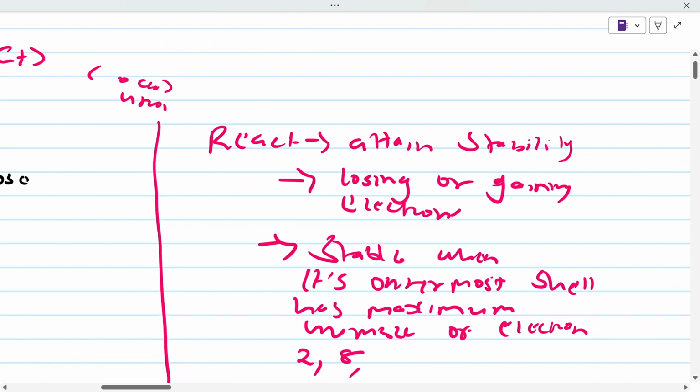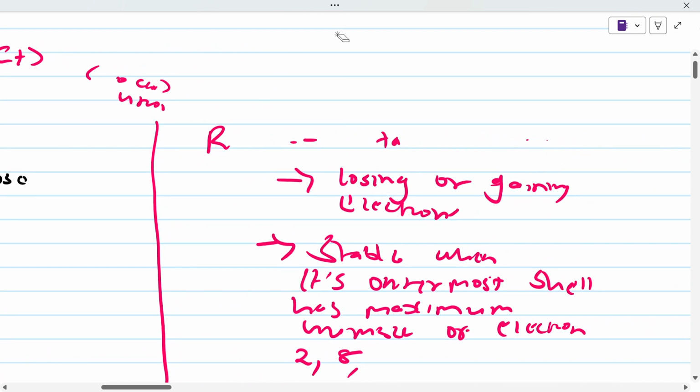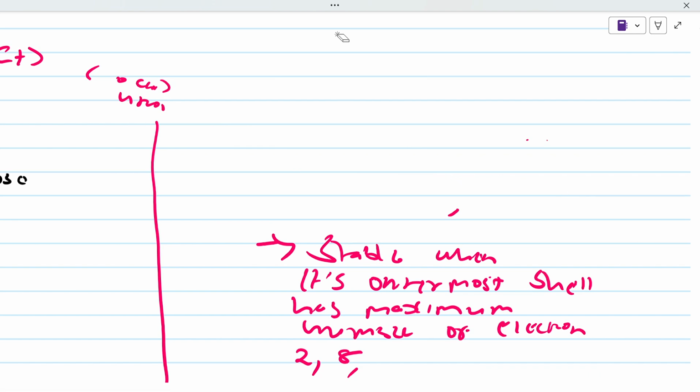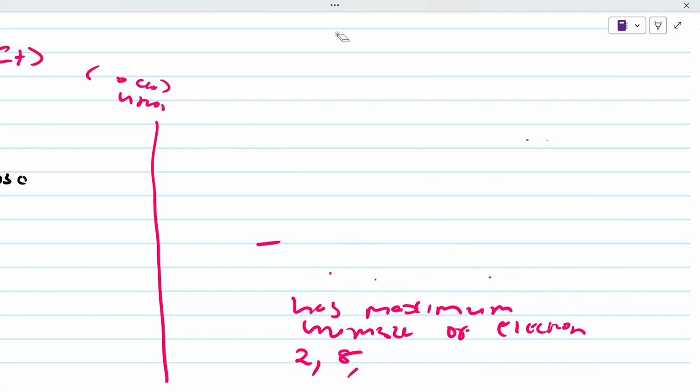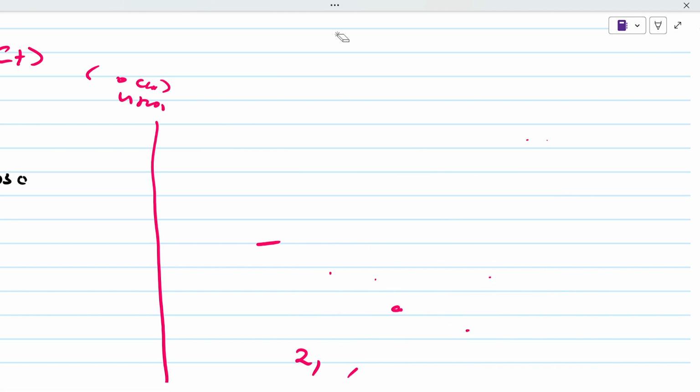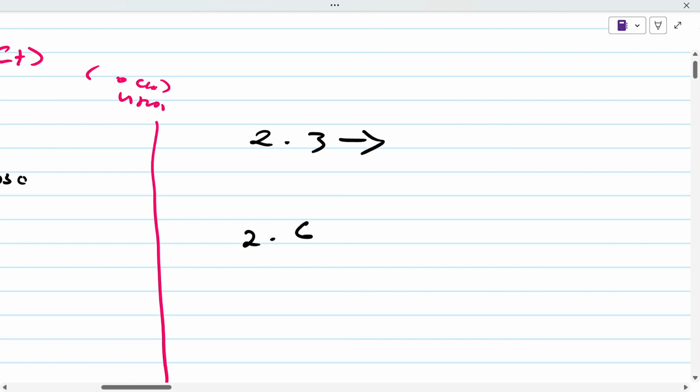For example, if I'm having a situation whereby an element has electronic configuration of 2-3, for example, if I'm having electronic configuration of 2-3 and 2-6, I want us to compare this.